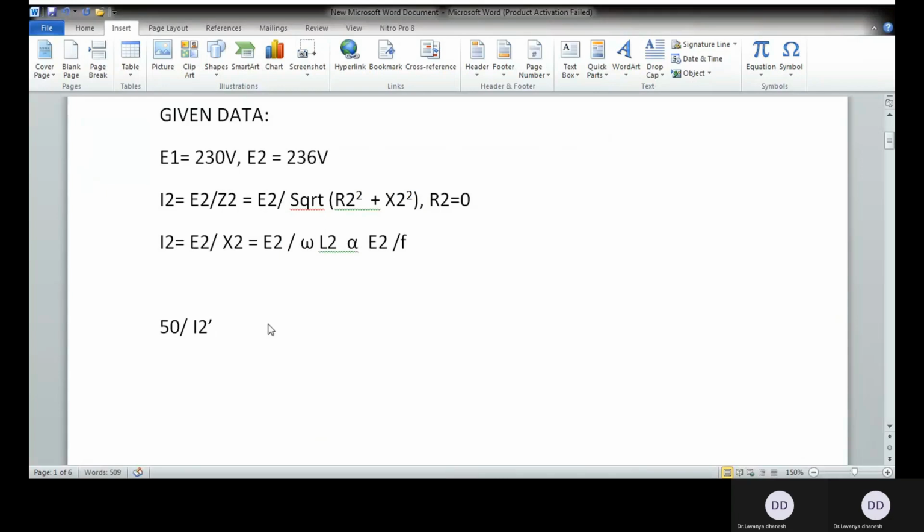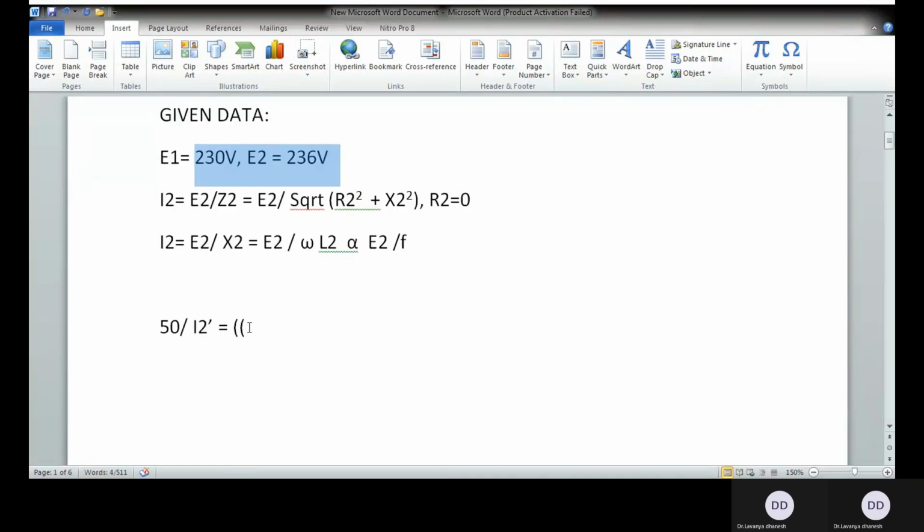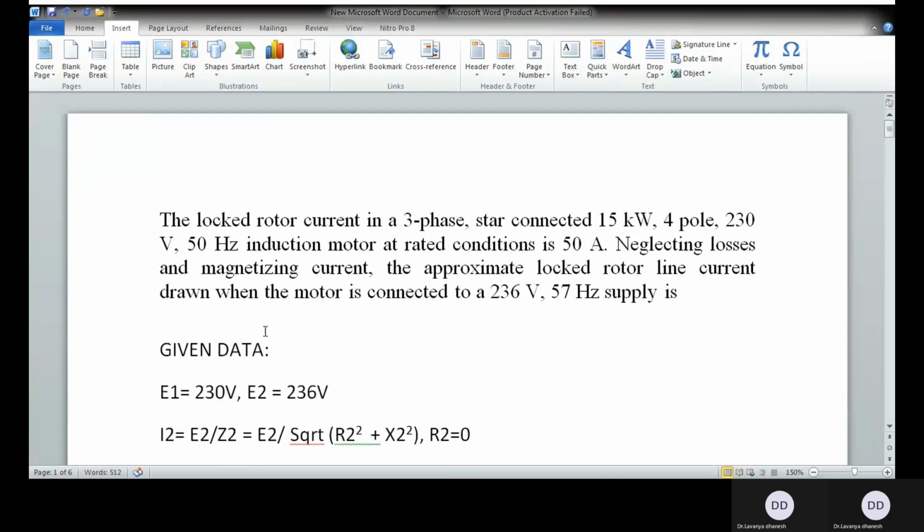50 divided by I2 dash will be equal to, you have two voltages. What are the two voltages? One voltage is 230 and another one is 236. So 230 divided by 236, into, what are the two frequencies you have? 50 and 57.